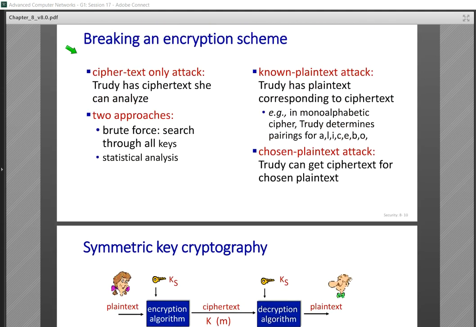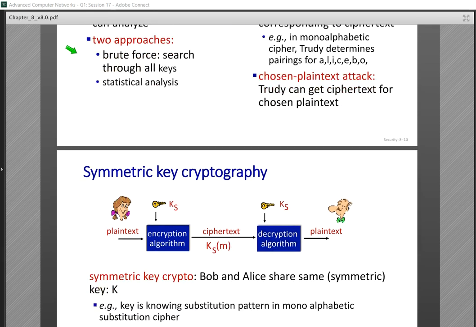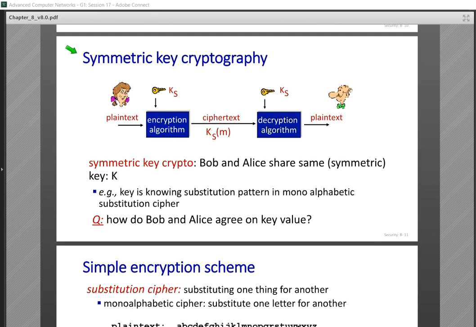And we said that even if an attacker knows the cryptography strategy, he or she can try to break the ciphertext. We talked about this a little, but let me continue the course by talking about symmetric key cryptography.